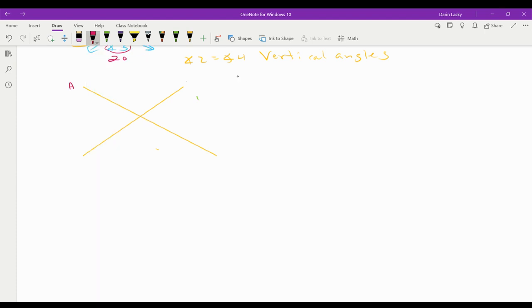We're going to label it as A, B, and we'll put C in the middle, and we'll put D right here and E right here. Now, I'm going to tell you something a little different.